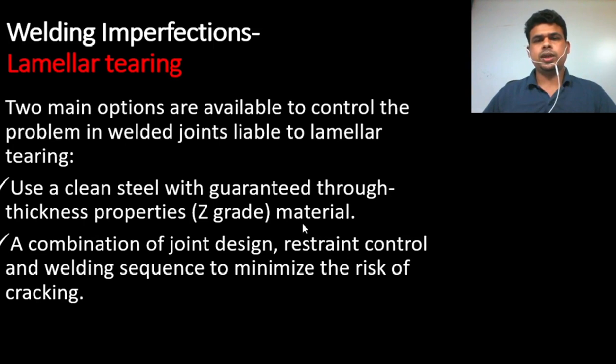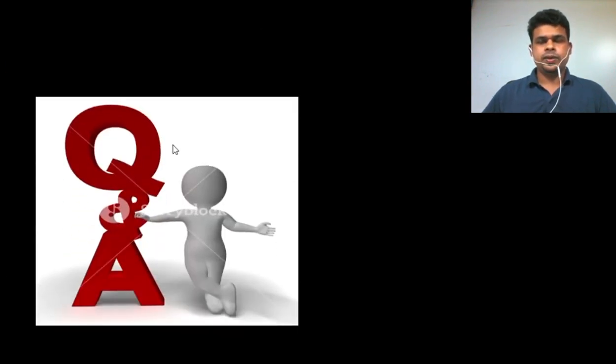If we use good grade material, then we can prevent this type of problem. Another is a combination of joint design, restraint control, and welding sequence to minimize the risk of cracking. If we follow the joint design and welding sequence properly, then we can also control this type of defect. So that's all.